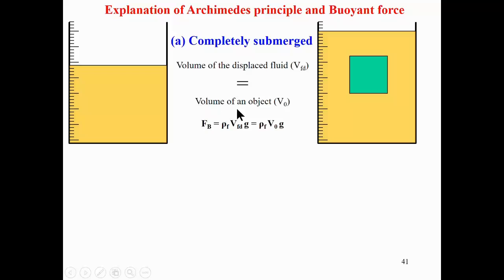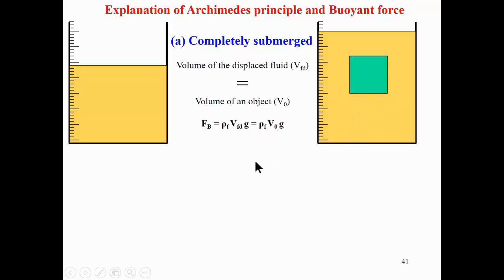The volume of the fluid displaced by the object is exactly equal to the volume of the object itself, because it's completely submerged. So the buoyant force is the density of the fluid times the volume of the fluid displaced times gravity, and that volume is the volume of the object.